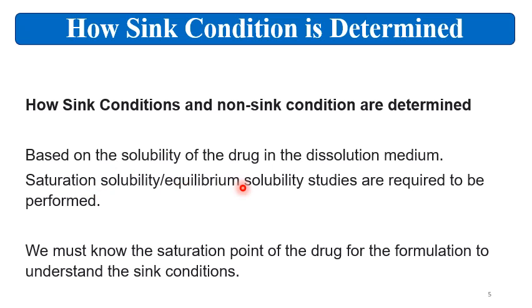Saturation solubility or equilibrium solubility studies are required to be performed on the drug substance, and based on the mg per ml solubility and the saturation point of the drug, we can derive the sink and non-sink conditions. We must know the saturation point of the drug for the formulation to understand the sink condition.